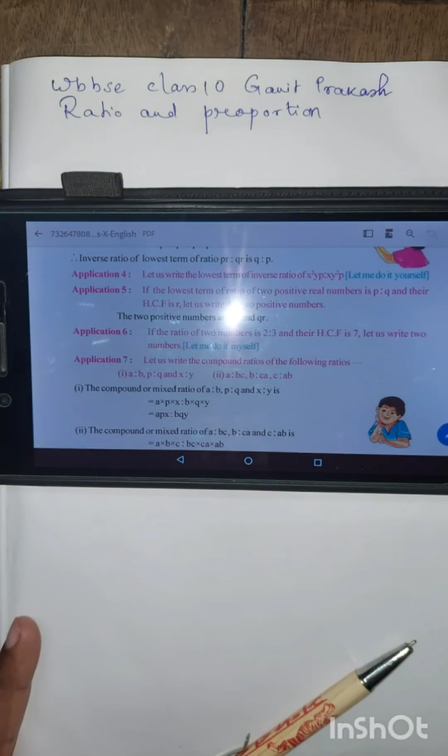In our previous video, we have discussed ratio and proportion and the important concepts related to that. Today we are going to solve some applications first.